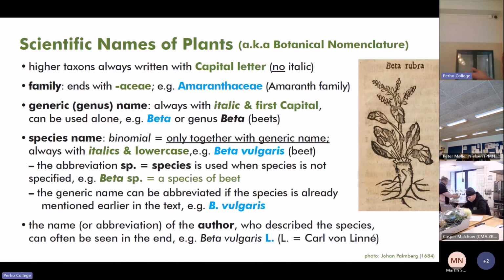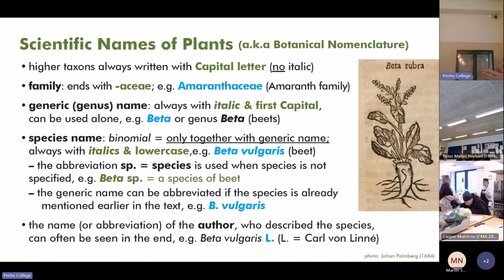If you write just vulgaris without the Beta part, it doesn't mean anything. Well, it means common, but many other species names in plants also have this word vulgaris. So you have to use it together with the generic name.